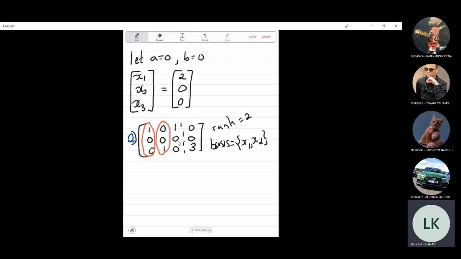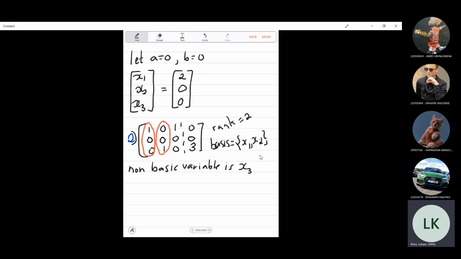So our non-basic variable is x3. That is the one that is not part of the basis. So now we want to rewrite x1 and x2 in terms of the non-basic variables.